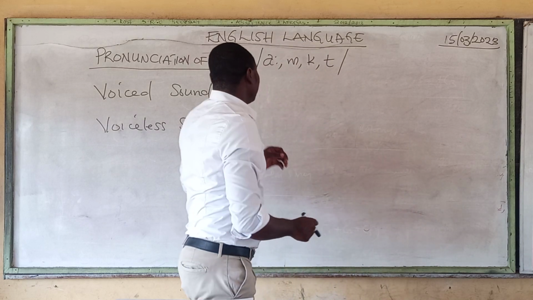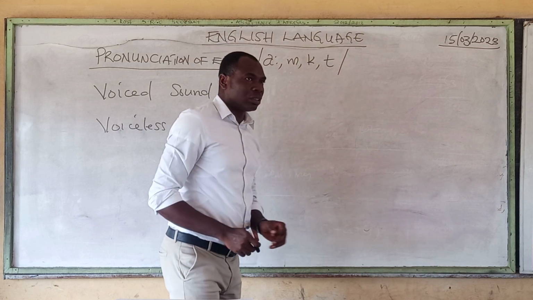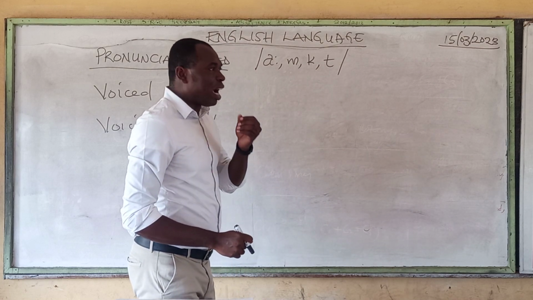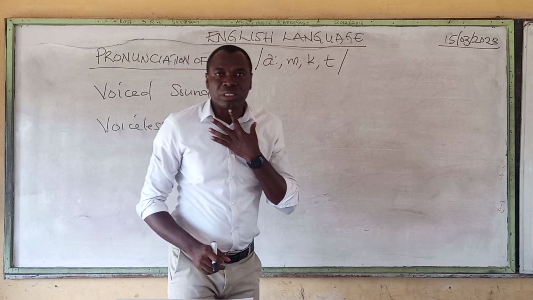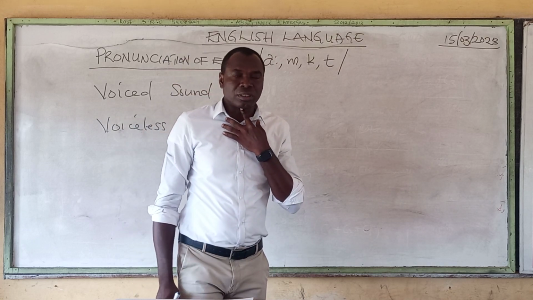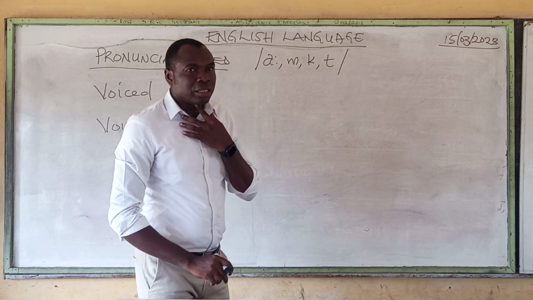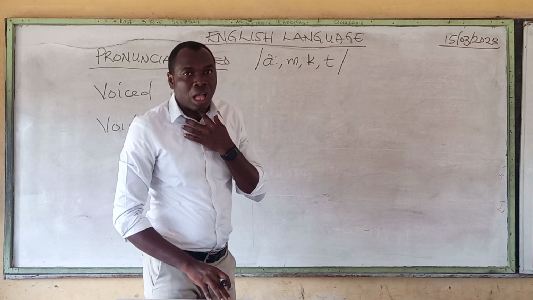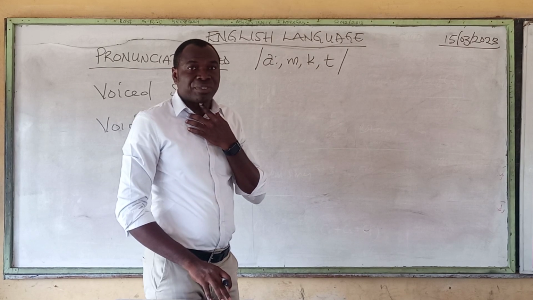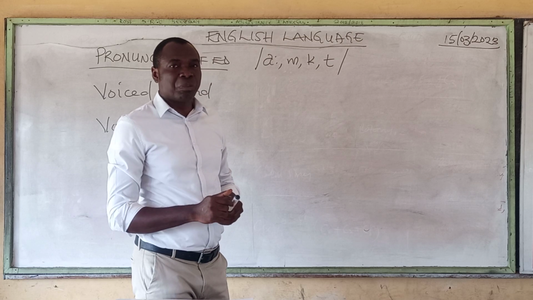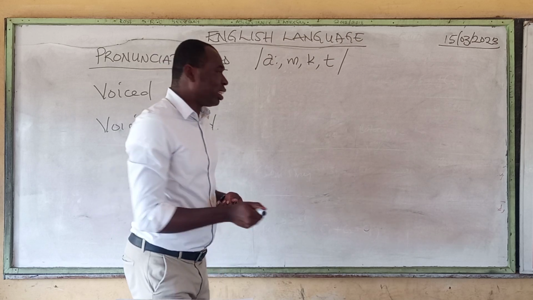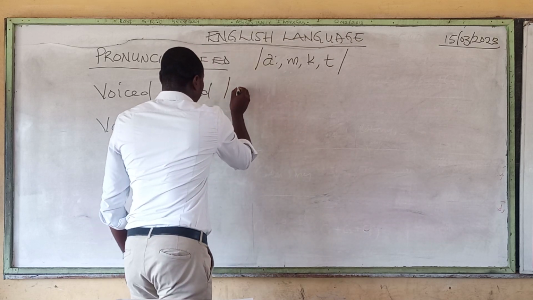Now, let's try the examples on the board. You have to produce it after me. Put the tip of the finger on the vocal tract and produce the sound. Does it vibrate? Yes, the vocal tract vibrates. Then it means that this is a voiced sound.